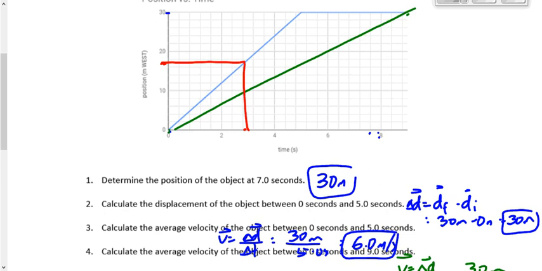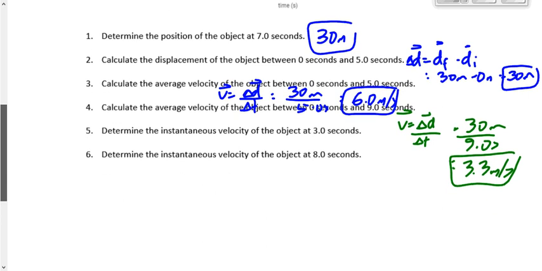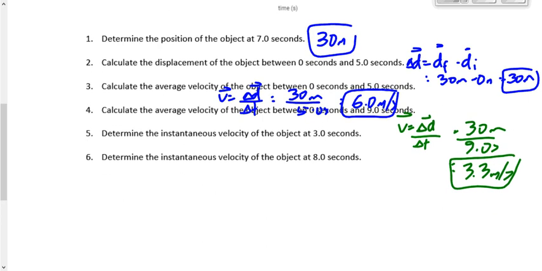So what you're going to do here is say, look, the average velocity between 0 and 5 seconds was 6 meters per second, but yet it's constant. So what's the instantaneous velocity at 3? 6 meters per second. What is it at 2.5? 6. What is it at 0.5? 6. What is it at 4.9 seconds? 6 meters per second.